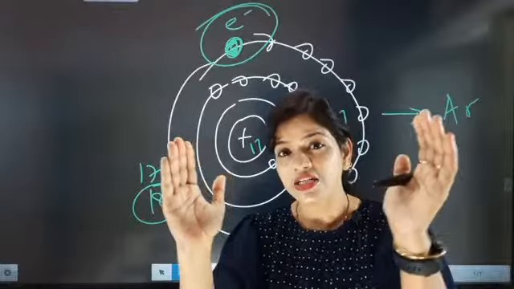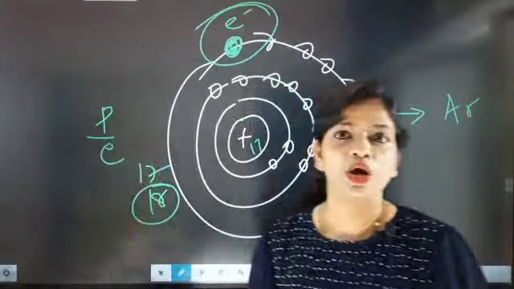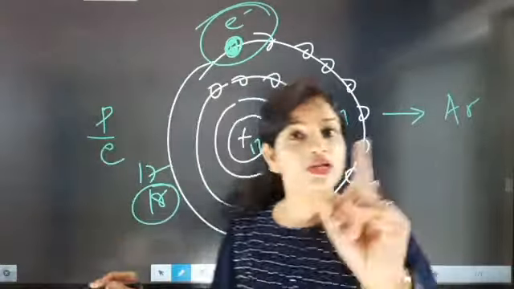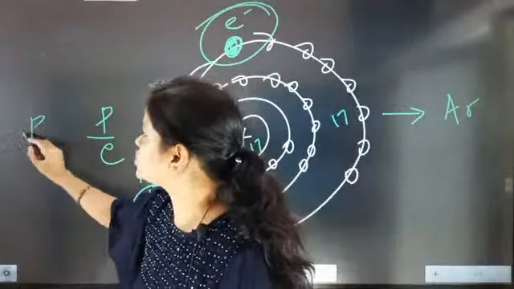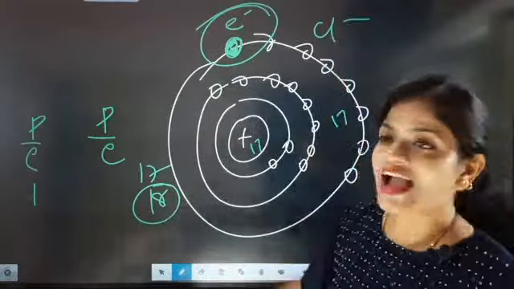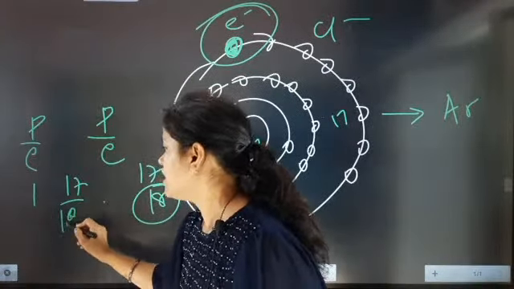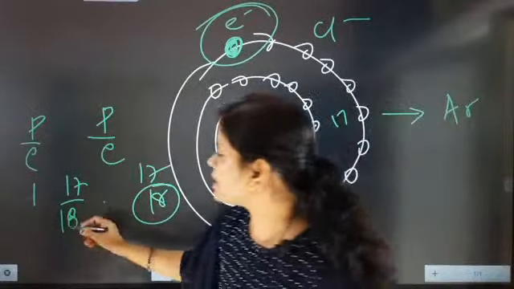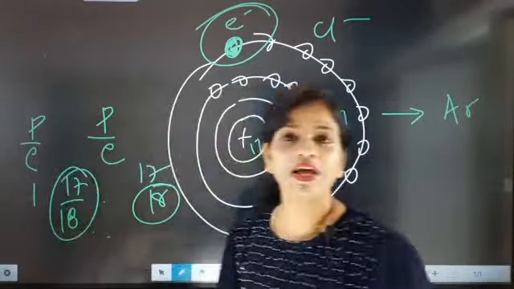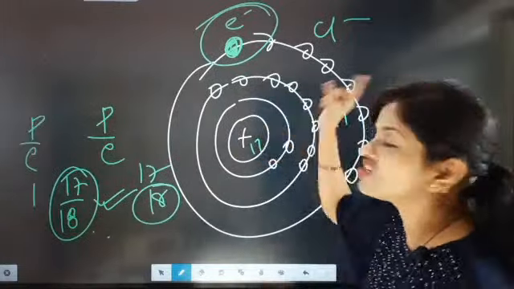In return, it will increase, and that is the term I told you, the P/E ratio. For chlorine atom, the P/E ratio is 1. And for chlorine ion, the P by E ratio is: proton is 17 and electron is 18. So 17 by 18 will be smaller, less than 1, which means the structure will be bigger.